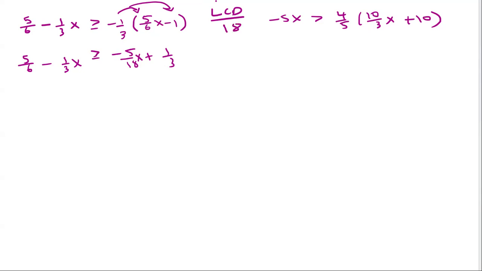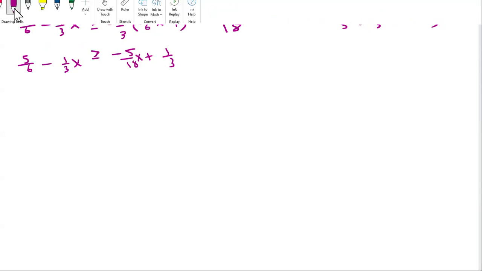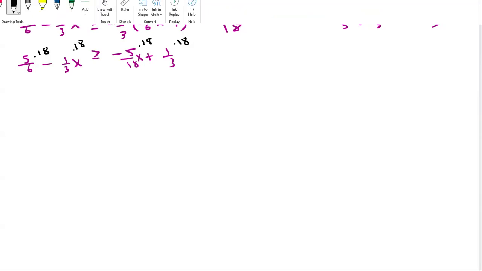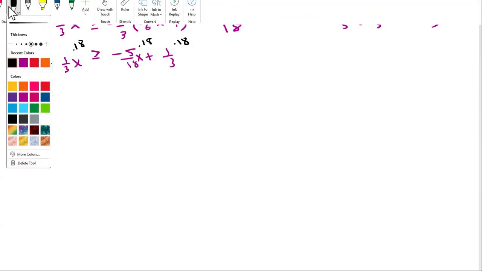So we're going to multiply everything by 18. This by 18, this by 18. Let me use a different color here. Okay. This by 18, this by 18, this by 18, and this by 18. Okay. So when we do that, now we can start canceling items and then reduce.